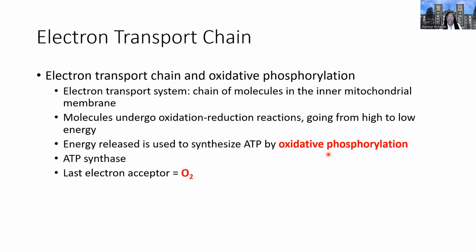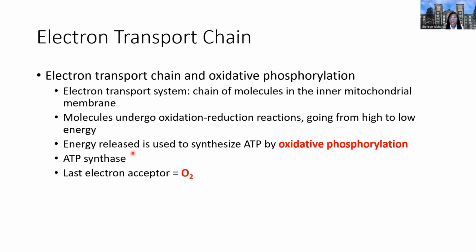So because we have been taking all of our electrons that we have been making so far, and shuttling them all off to the mitochondria to be involved in oxidative phosphorylation, we're going to be able to take that energy and move those electrons down their gradient and liberate that energy from high to low in order to use that to make ATP.